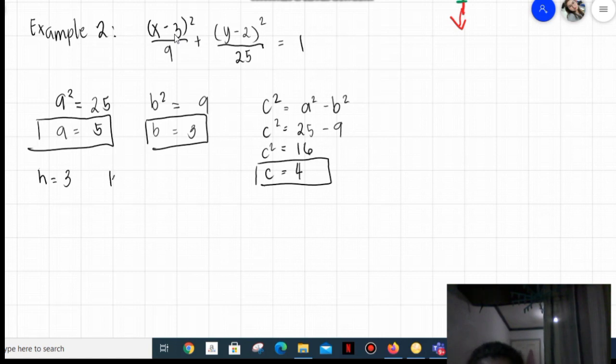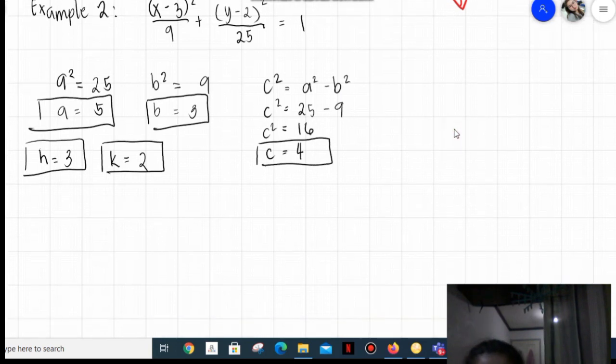And then, ang K natin is, since negative 2, that is magiging 2. So, H is 3, and then K equals 2. So, mahalaga na makuha muna natin si A, B, C, H, and then K kasi sila yung gagamitin nating mga points para makuha yung mga ating mga coordinates.